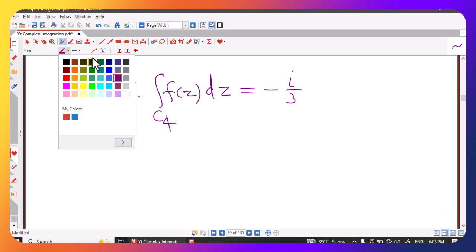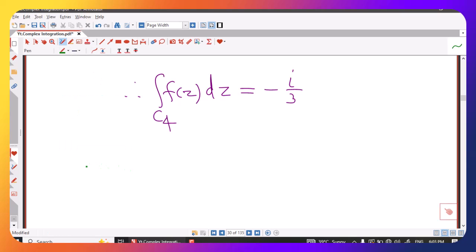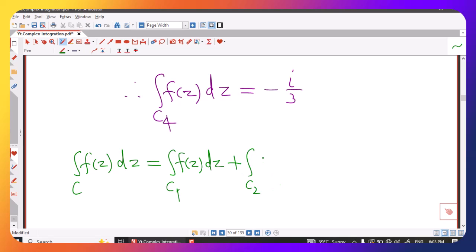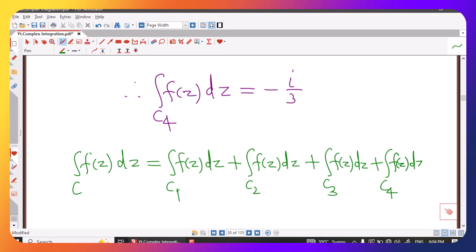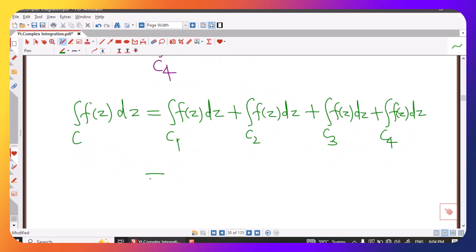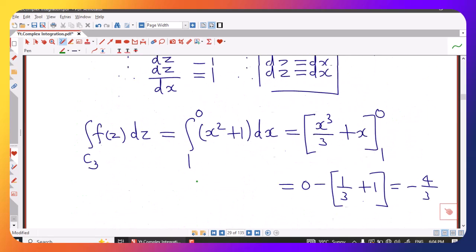So we have obtained that the integral of f(z) along C4 is minus i divided by 3. Now as we have obtained the integral along each boundary, we can find the integral of f(z) over the boundary of this square by adding all these integrals: along C1 plus C2 plus C3 plus C4.